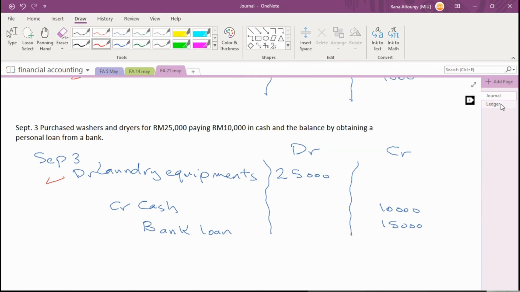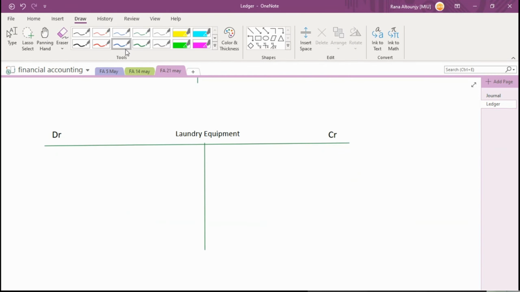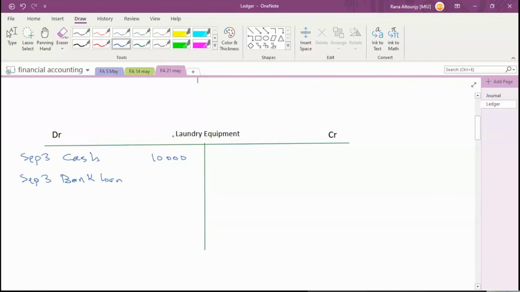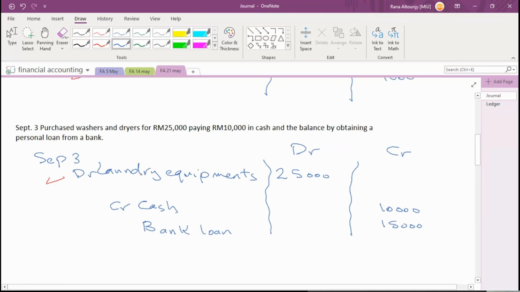So cash and bank loan, September 3rd. Cash, also September 3rd. Bank loan. The amounts, I think, were 10,000 and 15,000. Yes, 10,000 and 15,000.